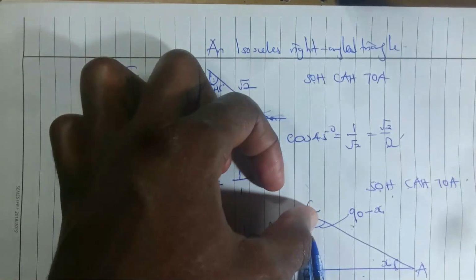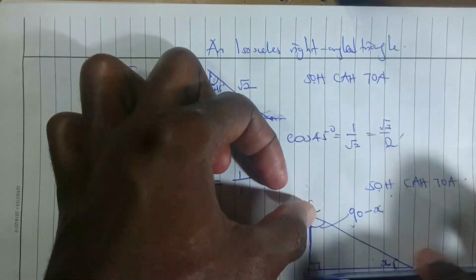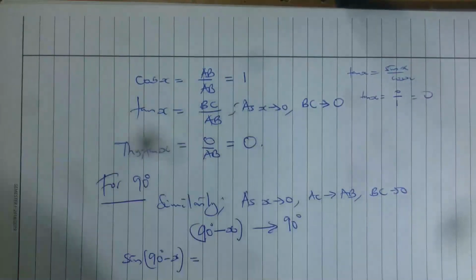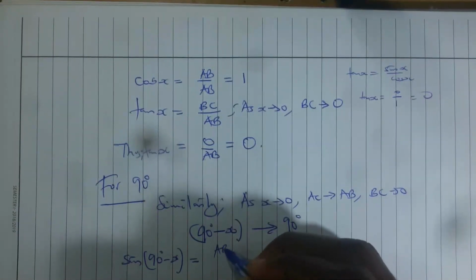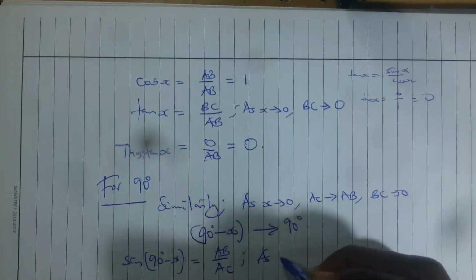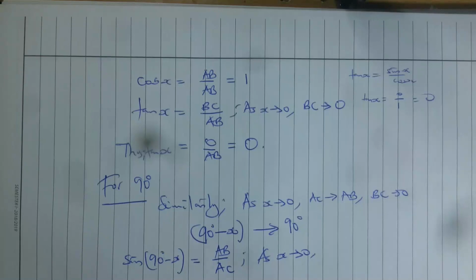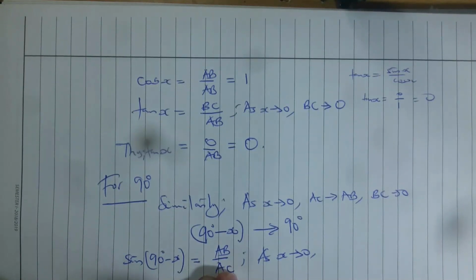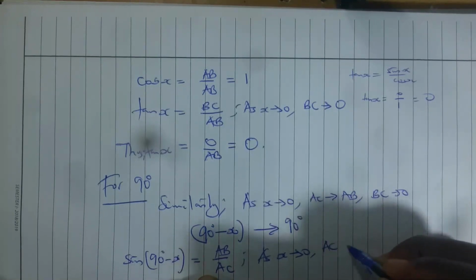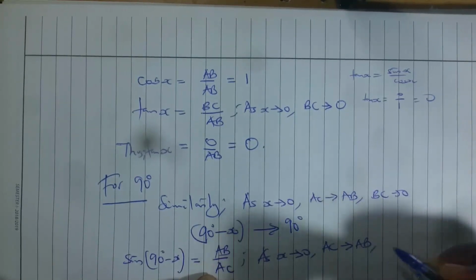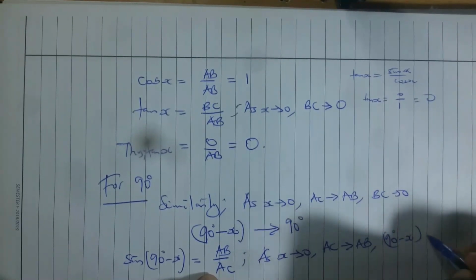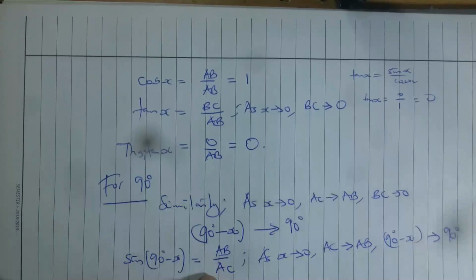Hypotenuse is still AC. So we have AB out of AC. But as x tends to 0, AC will tend to AB, and 90 minus x will also tend to 90 degrees.